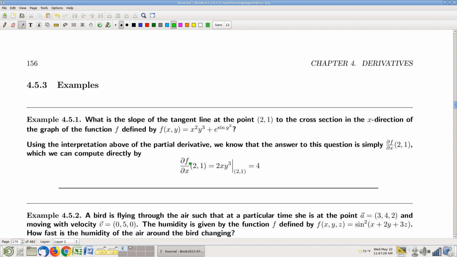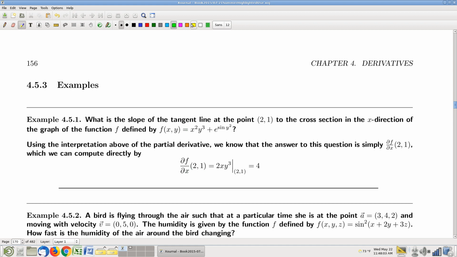For the purposes of this calculation, x being the only variable, we have x squared times this great big constant, plus this great big constant. So when we take this partial with respect to x, 2x times that constant plus, and then of course the derivative of this constant is 0. So really easy partial derivative to compute.